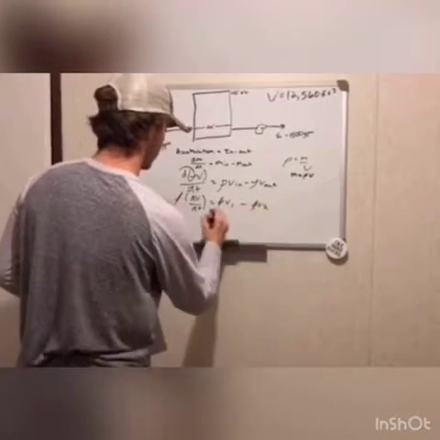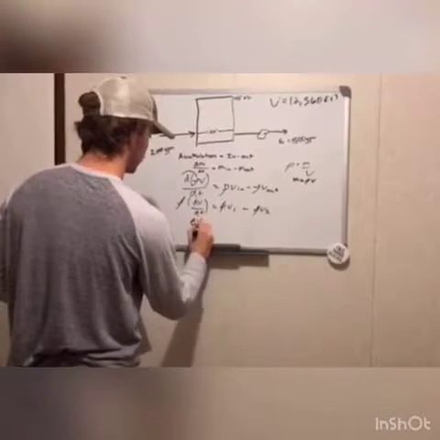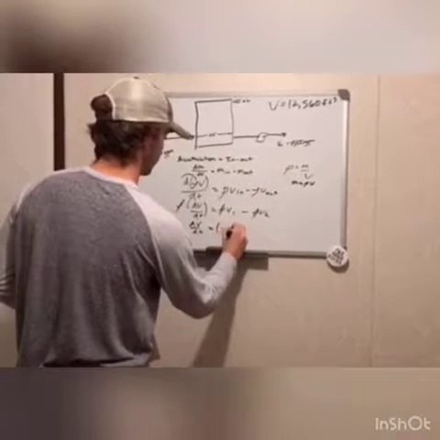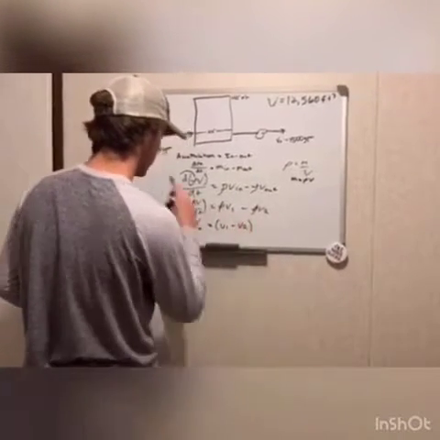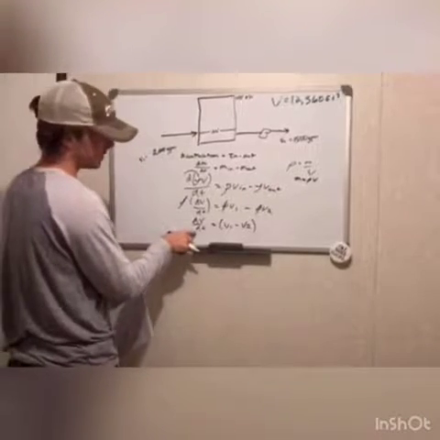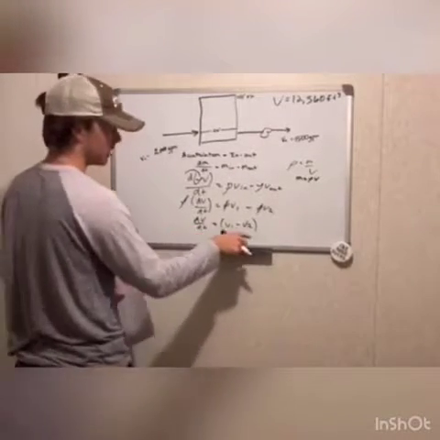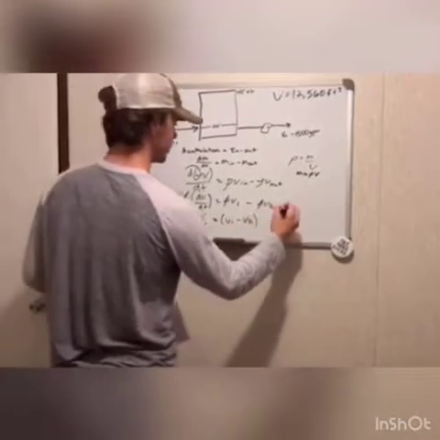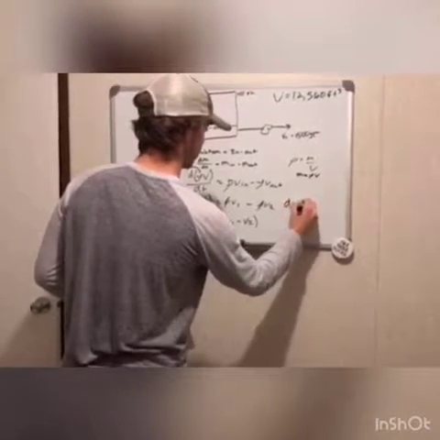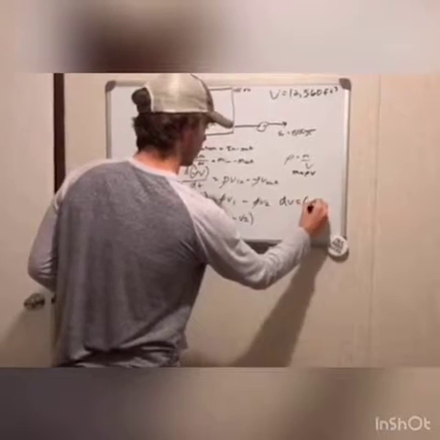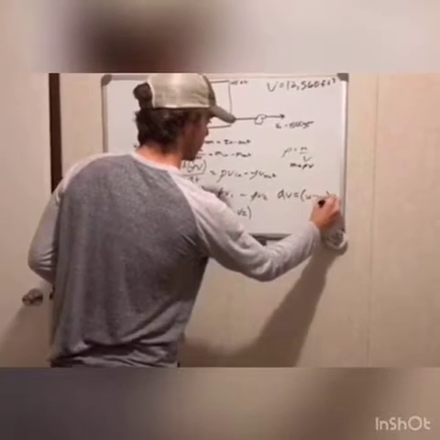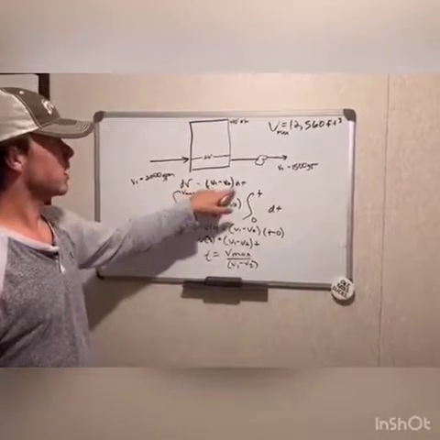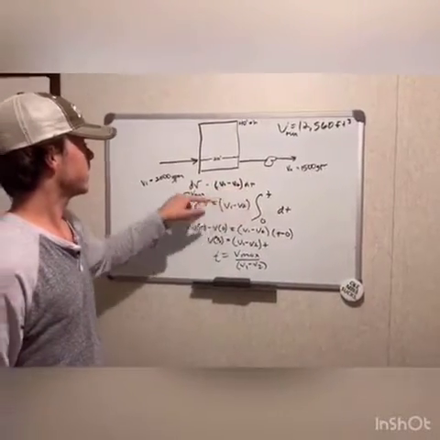Now you have dV/dt equals V1 minus V2. When you're solving for dV, you would move dt over here. So then you have dV equals V1 minus V2 times dt.